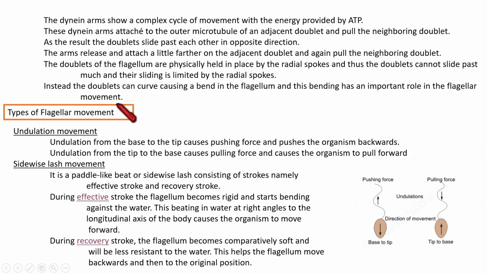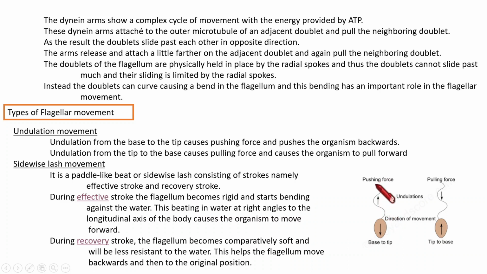Then next we are going to see the types of flagellar movement. First one, undulation movement. Undulation movement itself is of two types. As the pictures show here, in the first type the protozoan exerts a pushing force towards the direction of the water. That means the force starts from the base of the flagellum towards the tip.